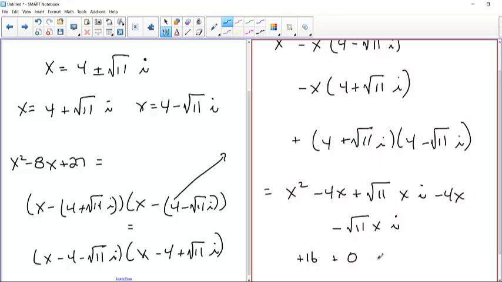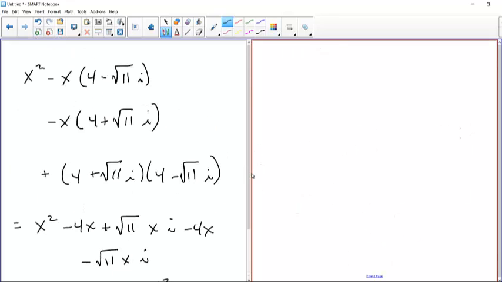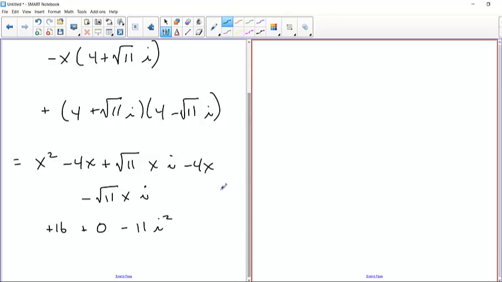And then you have the last, which is going to be negative, positive times negative is negative, square root of 11 times the square root of 11, which is going to be 11, and then i times i, which is i squared. Okay, now notice here we have plus the square root of 11xi and minus the square root of 11xi. So these two cancel out.